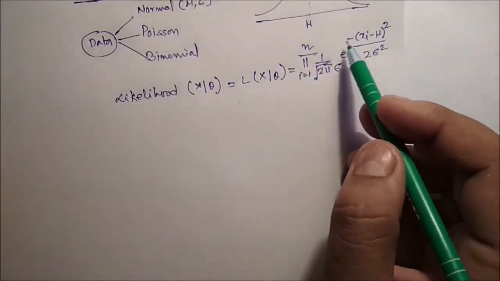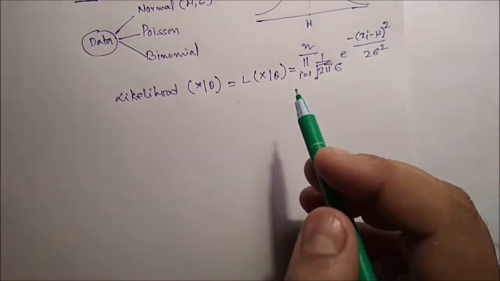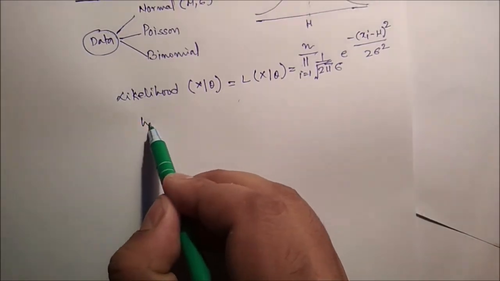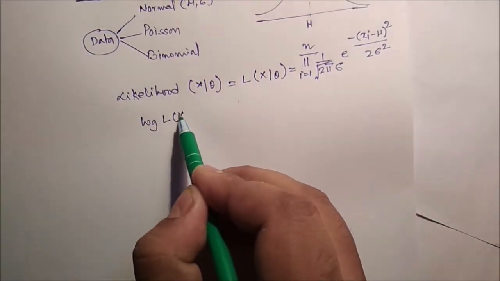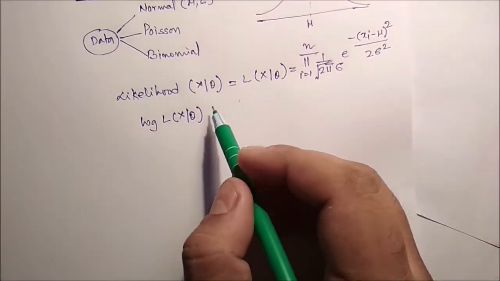So this is our normal distribution function. And if you take log on both sides, then log of x given theta, where x is the input data.